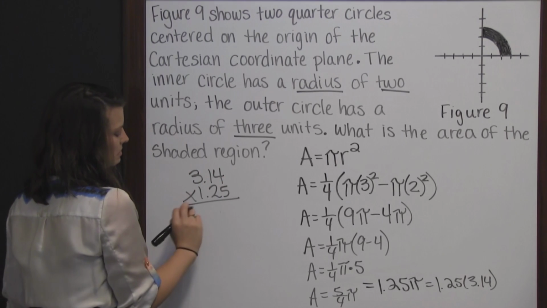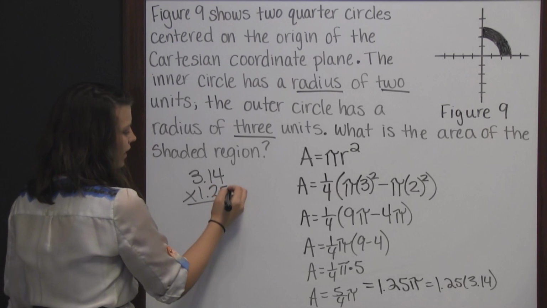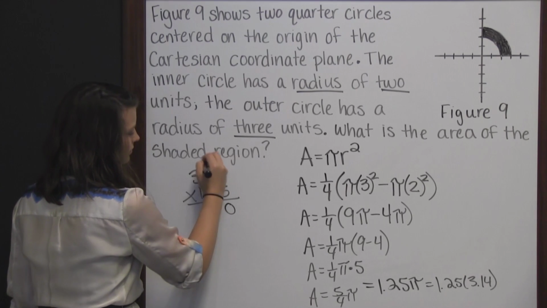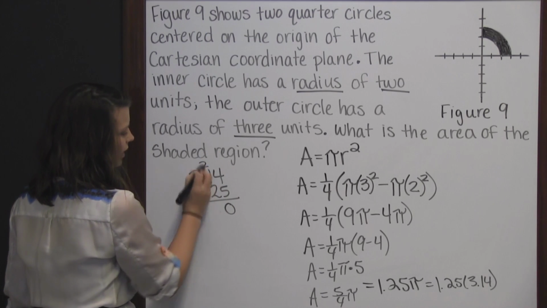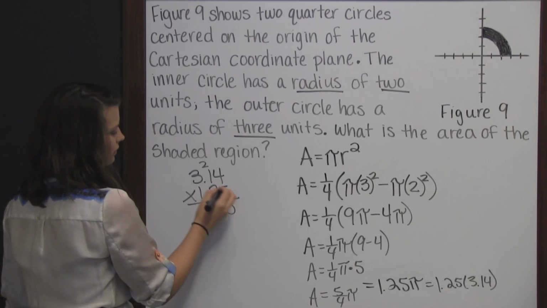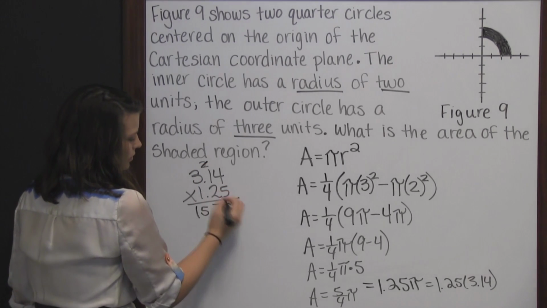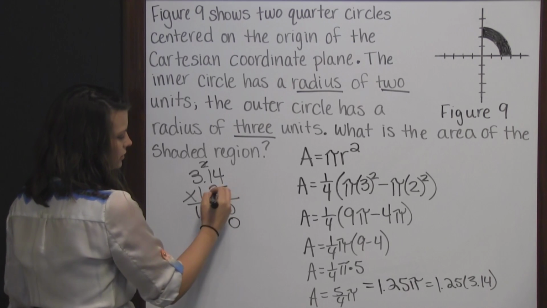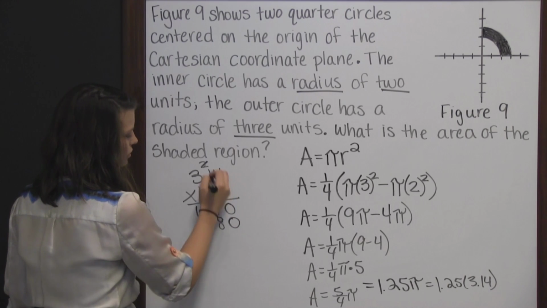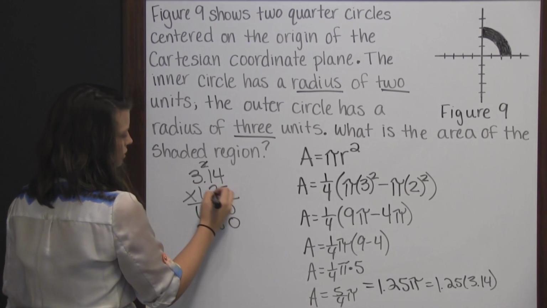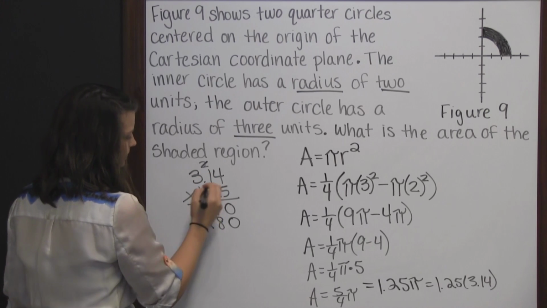So 3.14 times 1.25. 5 times 4 is 20. 5 times 1 is 5, that's 7. 5 times 3 is 15. Put a 0 placeholder. 2 times 4 is 8. 2 times 1 is 2. 2 times 3 is 6.